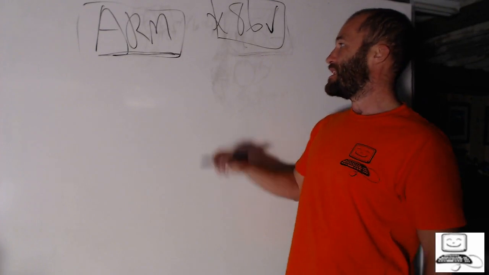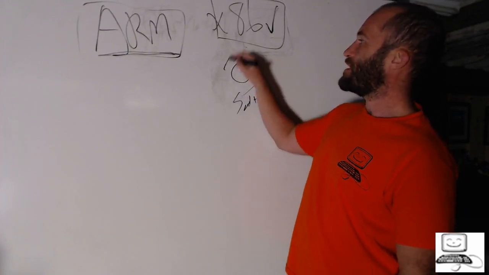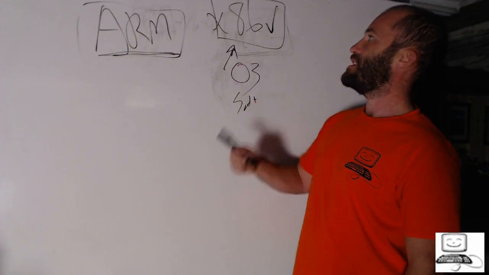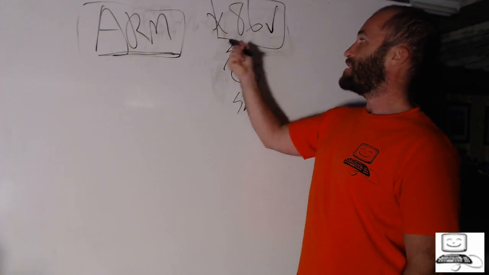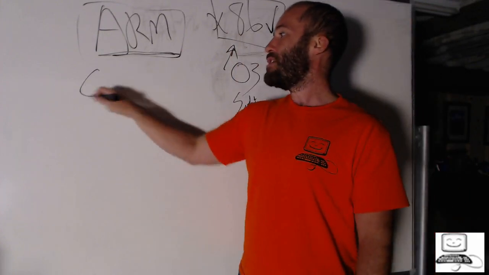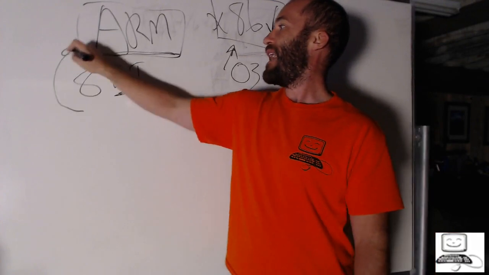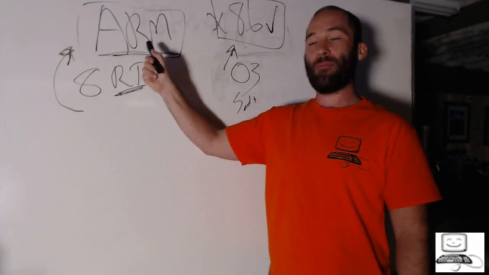Well, the issue is again, the operating system and the software has to be written for the processor that you're dealing with. So the x86 processors have Windows built for it and software built for it. Well, now Windows 8 RT, the RT means that this will be on the ARM processors.